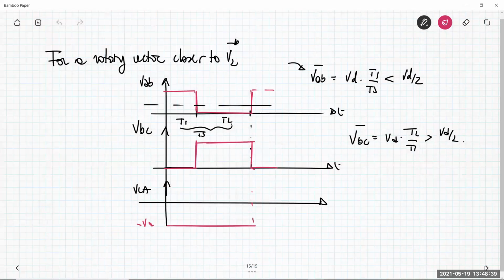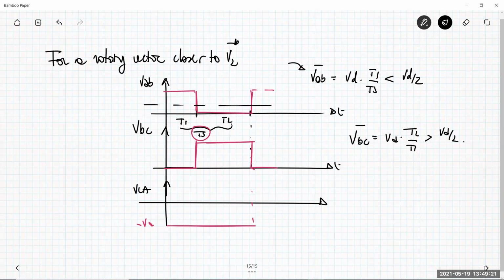Okay, so T1 and T2 must be chosen according to the position. The only thing that must be clear is that during TS, the rotating vector should be fixed in one specific position. So the rotating vector frequency is much less than the switching frequency. By using this procedure that I explained graphically with this example, you should understand that T1 and T2 play an important role in defining the position of the vector.